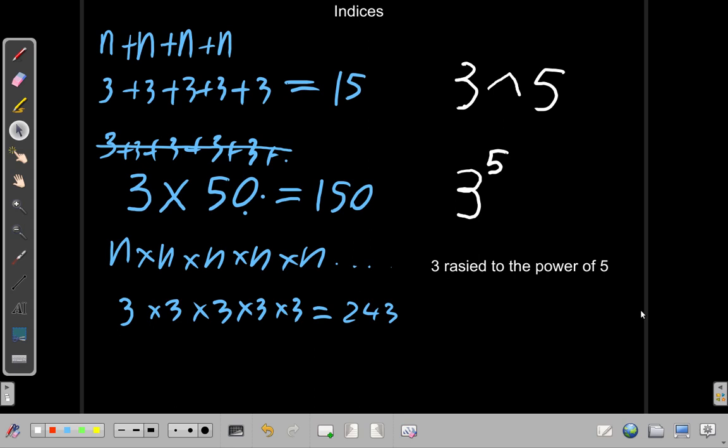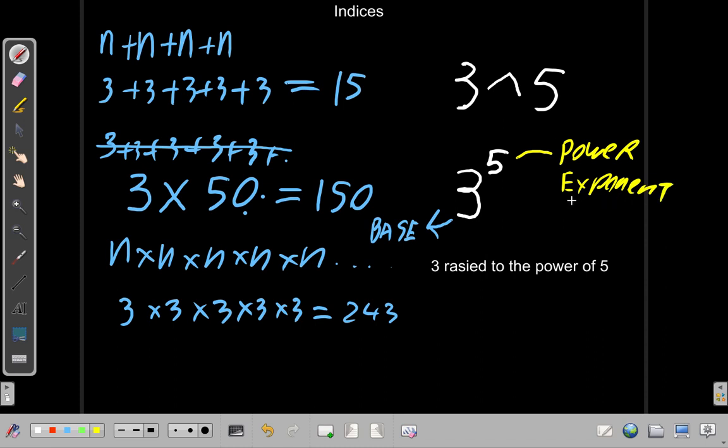Now, in this case, you say that 3, the number that you're repeating in the multiplication, is the base of the multiplication, and 5 is the power to which you're raising 3, or the exponent here, or the index.